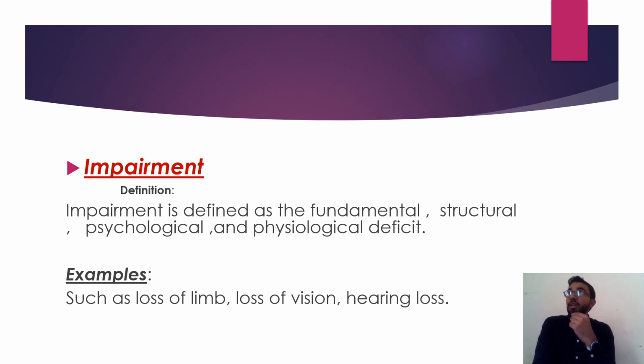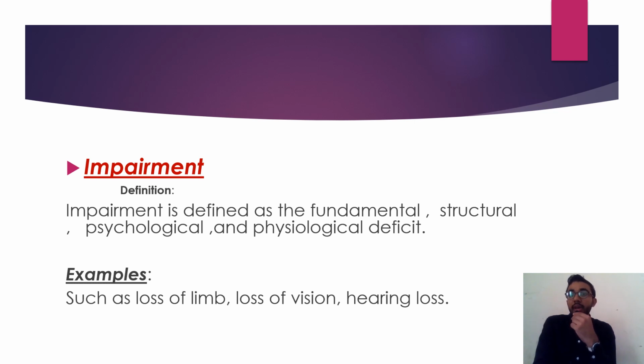What is the definition of impairment and who is called an impaired person? Impairment means a functional, structural, fundamental, as well as psychological and physiological deficit. You may have some sort of loss of a body part.